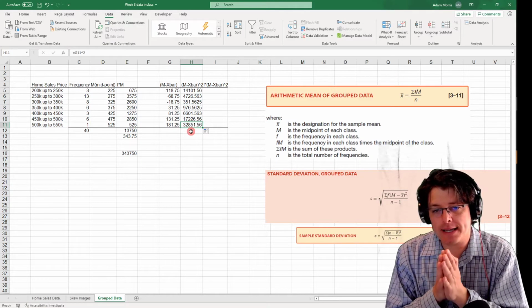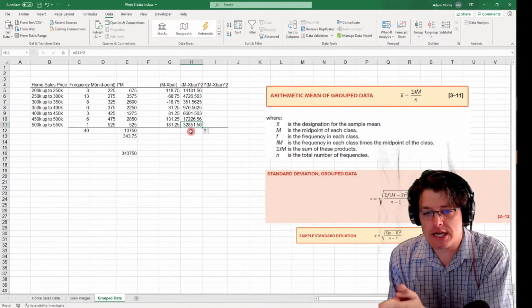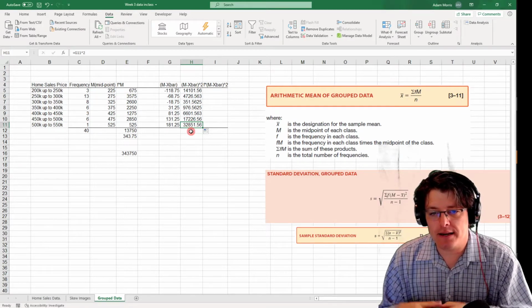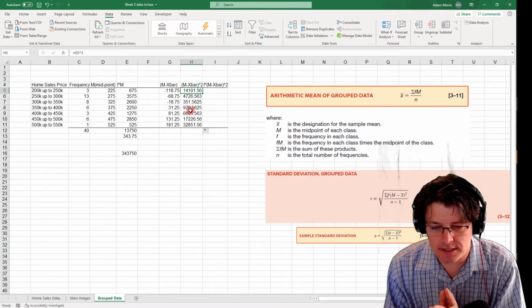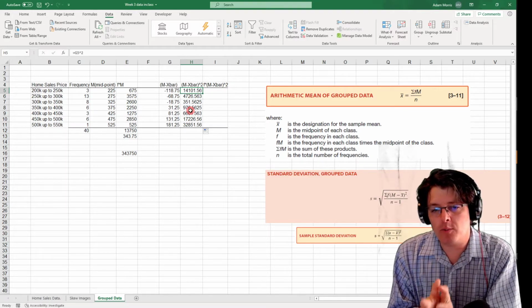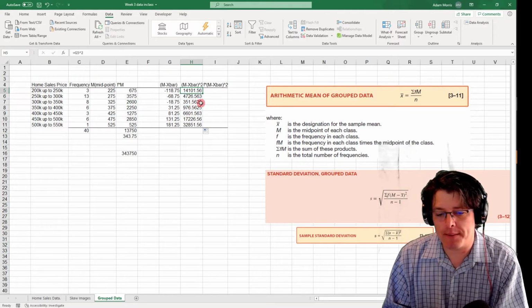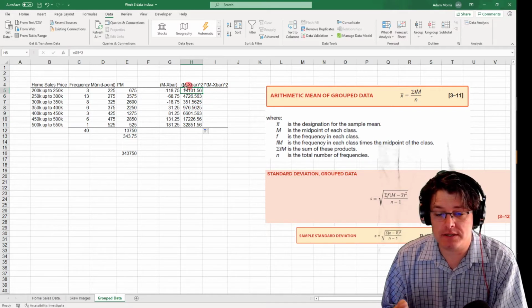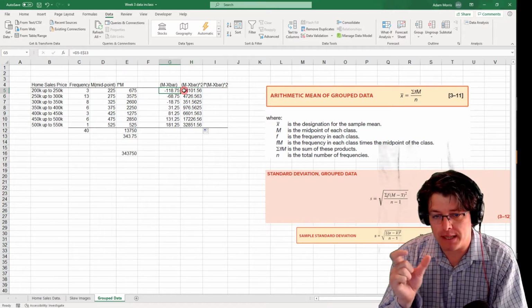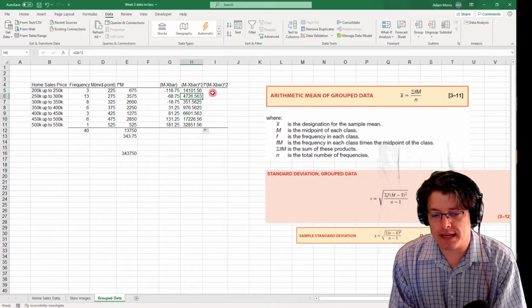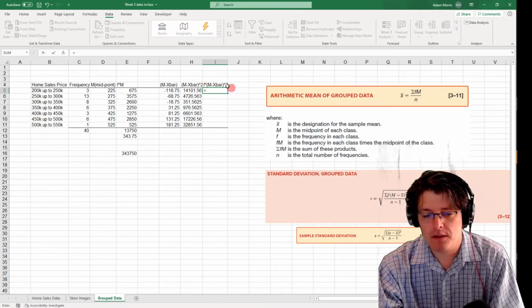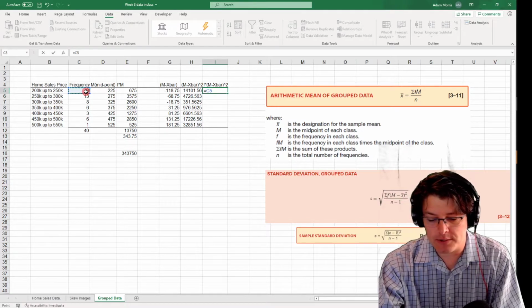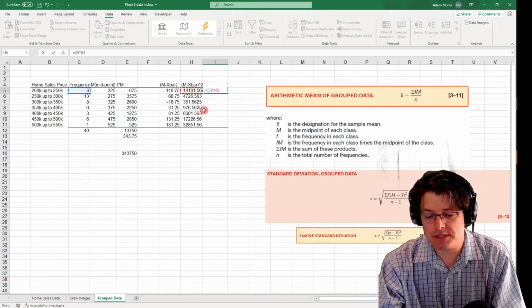But again, we have to take into account the number that are of this value, right? So when we sum them up, we want to make sure that we're counting all 3 of this first bin and all 13 of the next. So we need this final f times (m minus x bar) squared. And that's just simply going to be the frequency times what we just did.